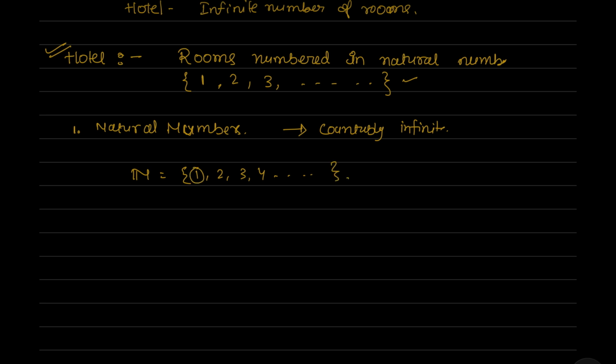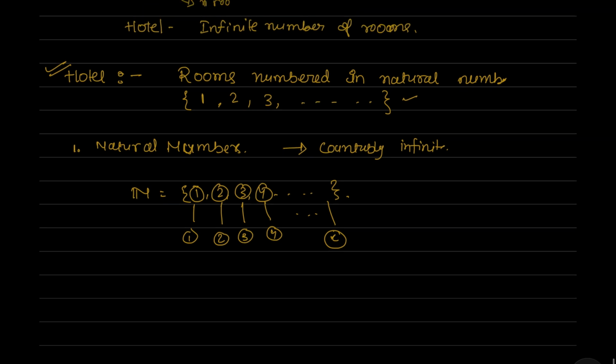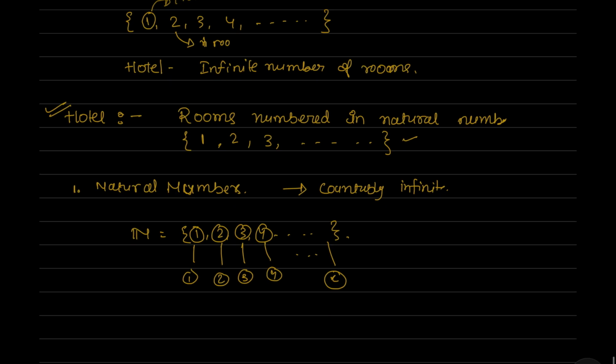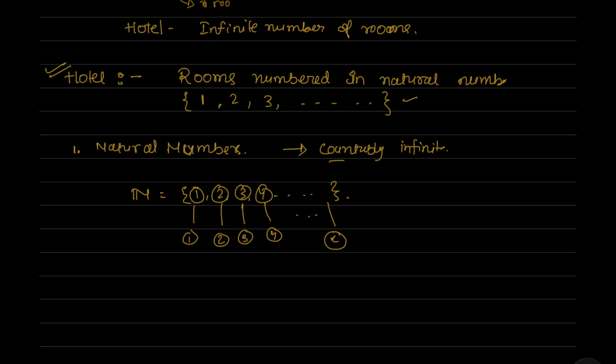I give this natural number room number 1, this one room number 2, this one room number 3, and for every natural number I give it a room of the same number. This way I am able to give one room to each natural number. So by satisfaction of this condition, we can say natural numbers are countably infinite.